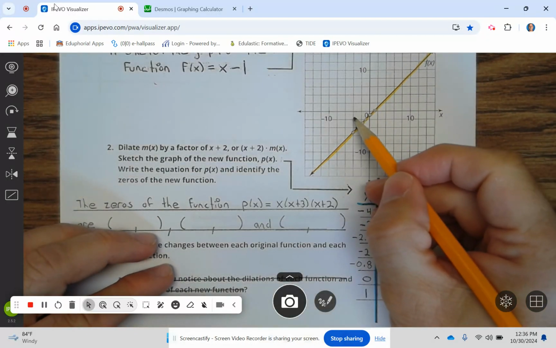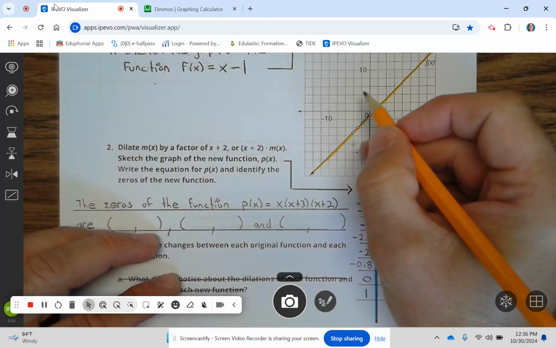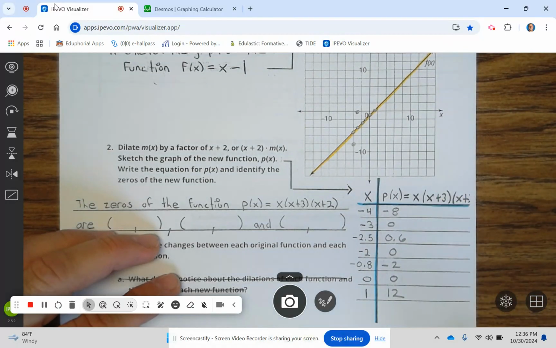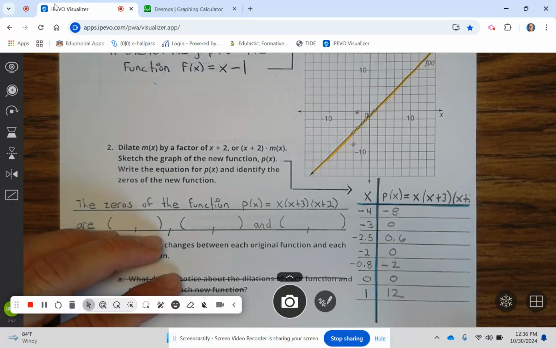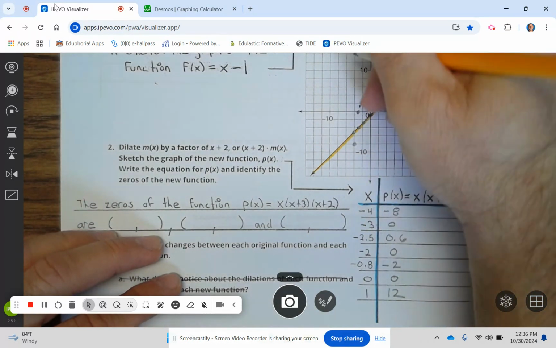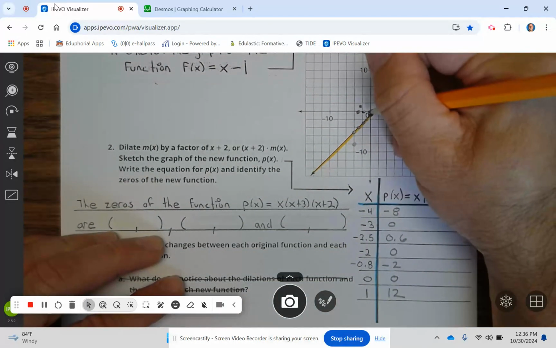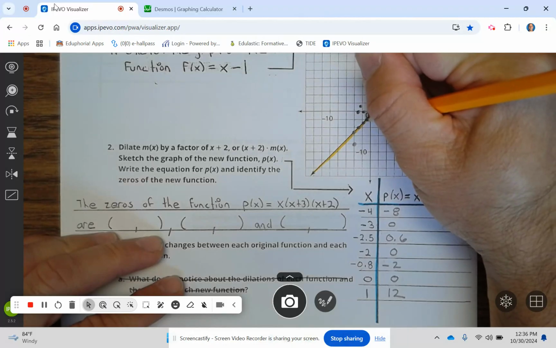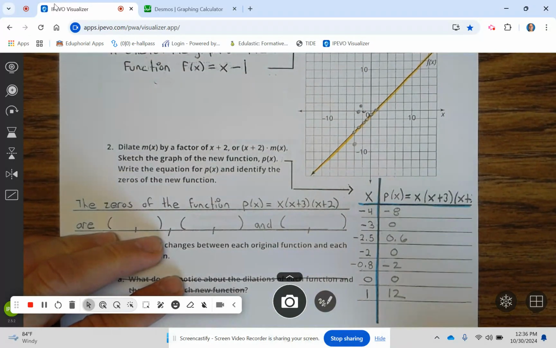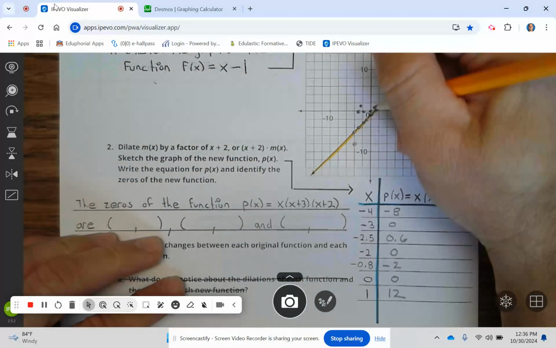All right, so -4, -2.468, -3.0, -2.506, do our best to approximate, -2.0, -0.8, -2, 0, 0, 1, 12.